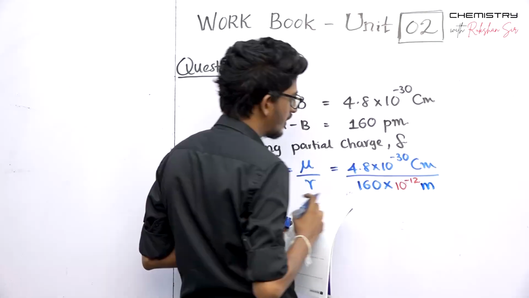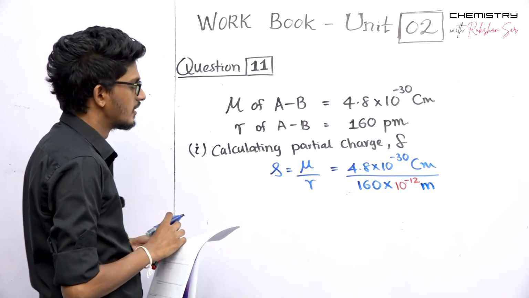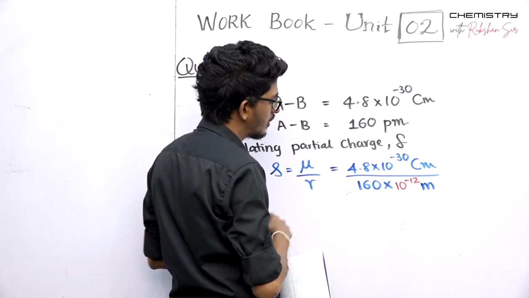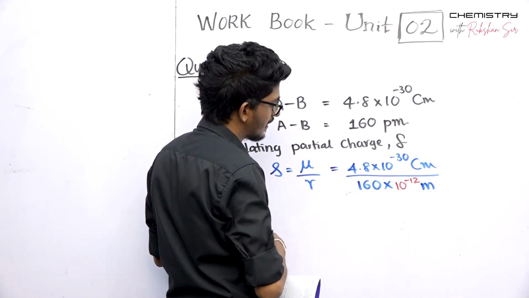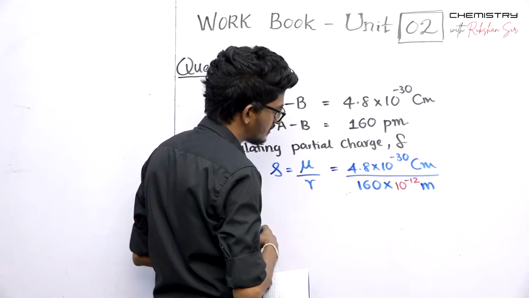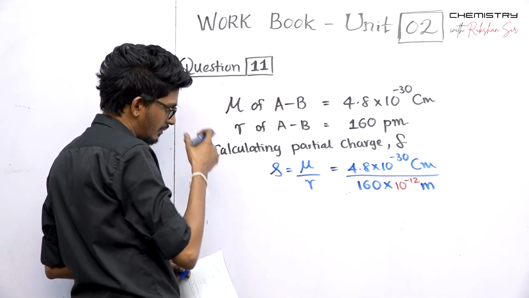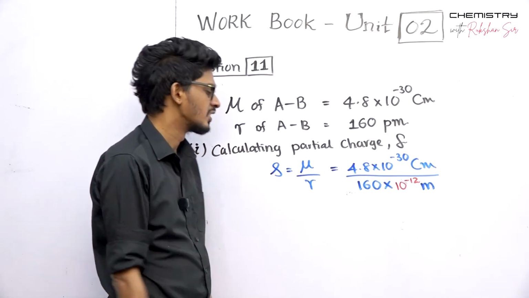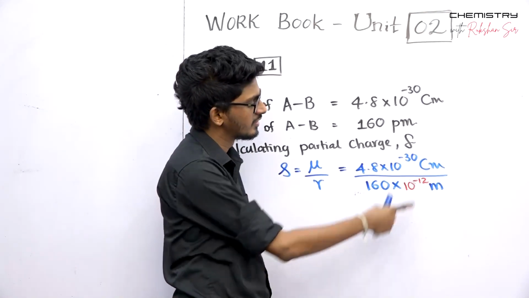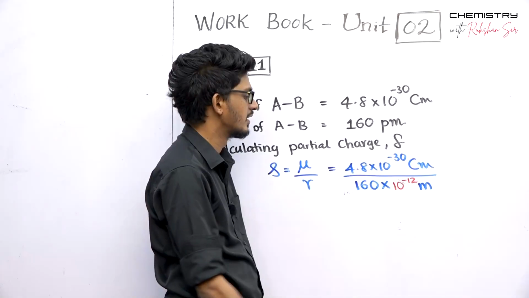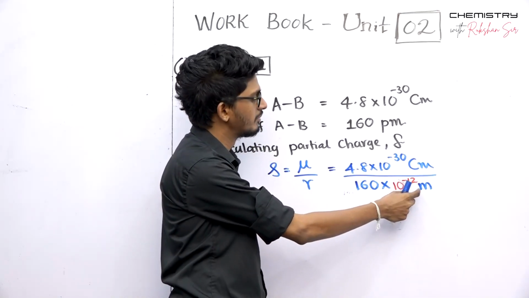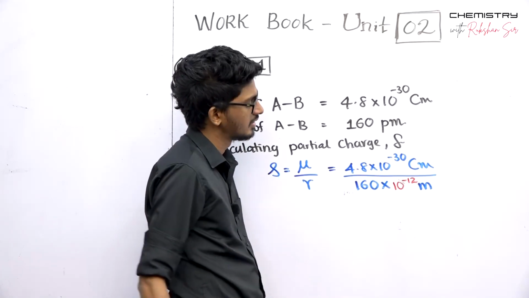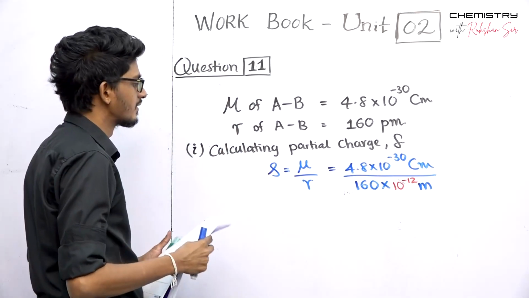So definitely you should apply the numbers in SI units. Then only you get the final answer in SI units as well. When applying numbers to this kind of equation, always follow SI units. That is why I converted the picometers to meters. Then you will come up with the answer in SI units, right?